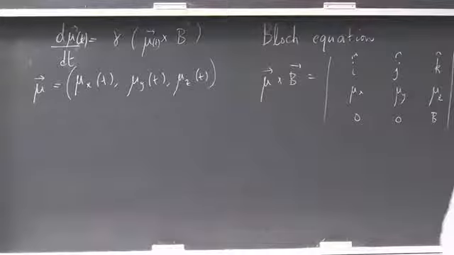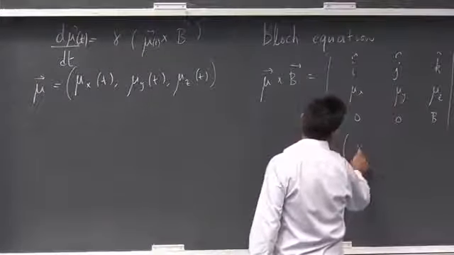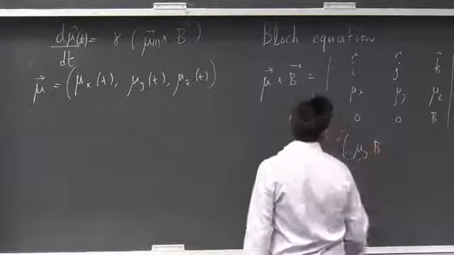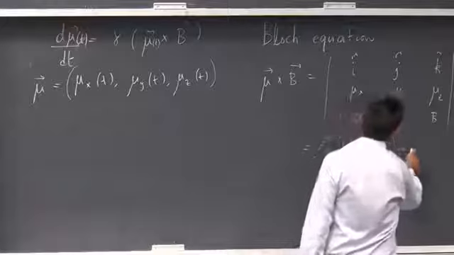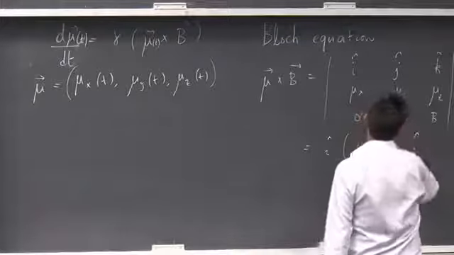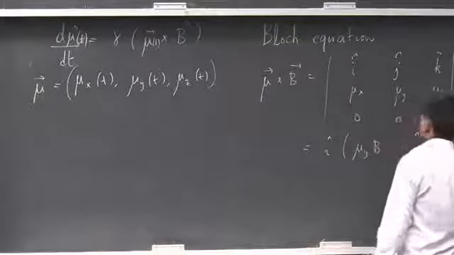So this is i mu y B minus j mu x B, and no k component.